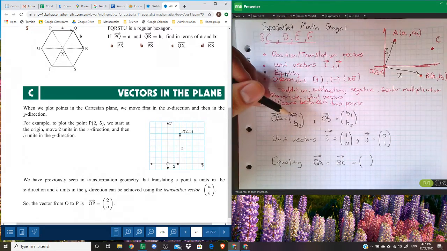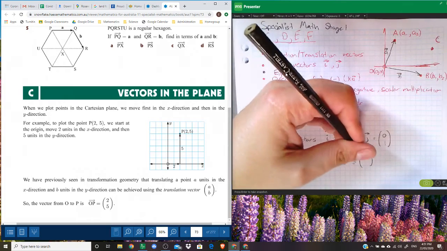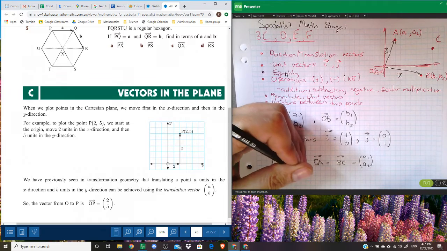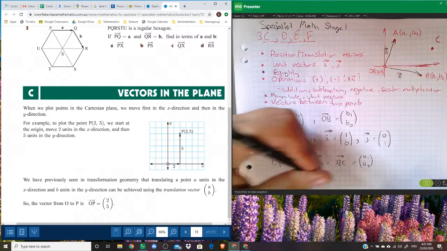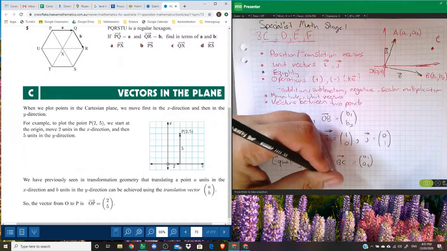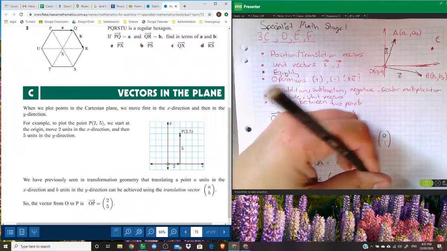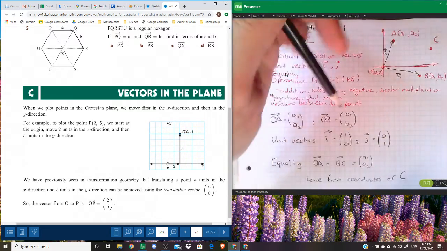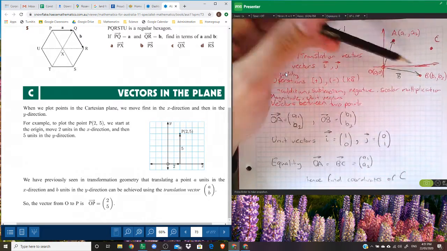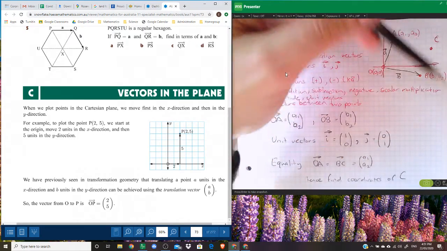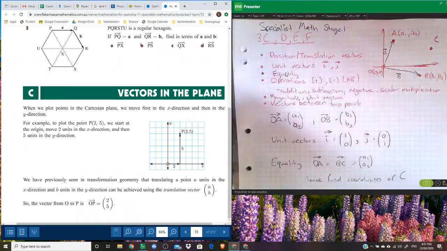So then BC must equal A1, A2, and hence, find the coordinates of C. So I'm actually setting this up to be a parallelogram, and I'll show you that in a future lesson. Parallelograms are kind of nifty because you can see some particular features, and in the rhombus there are even more features that are special when it comes to vectors. Okay, so let's see if we can find the coordinates of C.